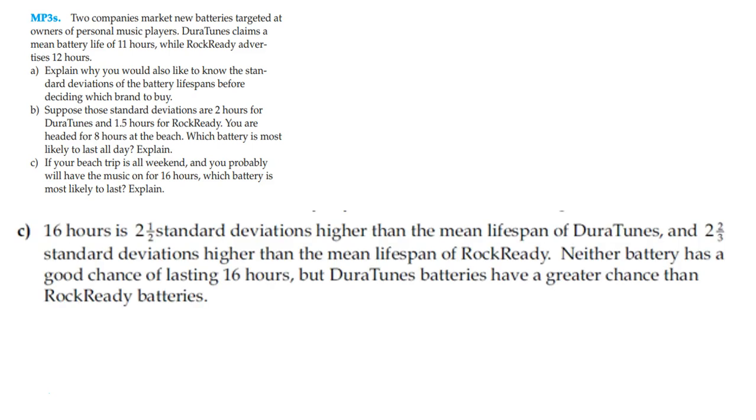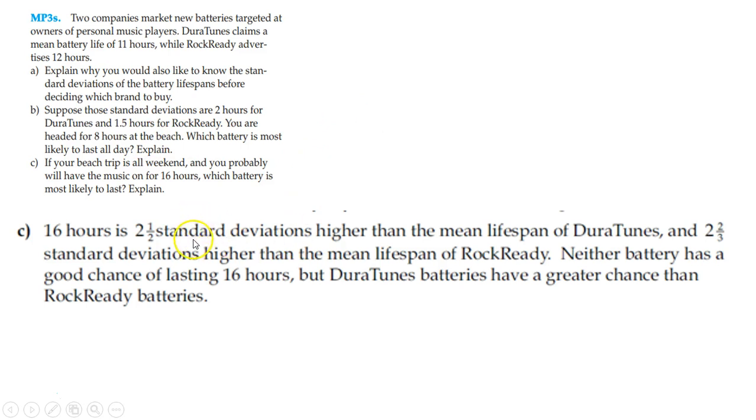Part C though, if you're going for 16 hours, right? 16 hours is 2.5 standard deviations higher than the mean lifespan, because we would take the 16 minus the 11 that's claimed, and then divide by the standard deviation that they gave us of 2, right?